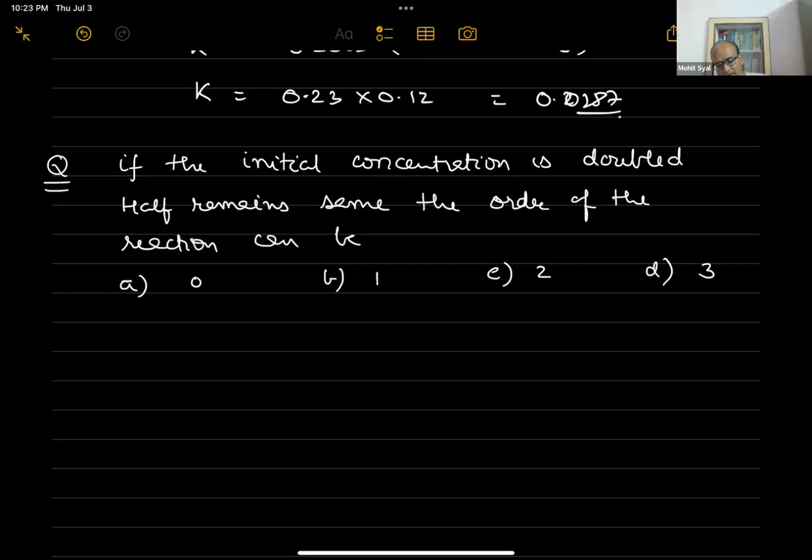So what answer are we getting? Jaslin, Jovita, half-life remains same even with more concentration.